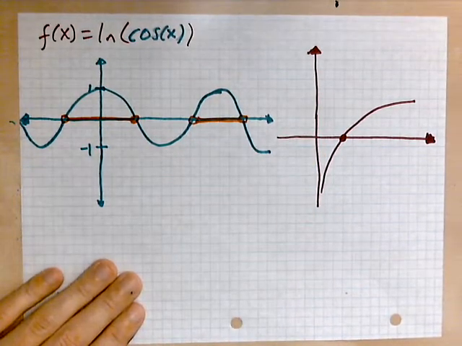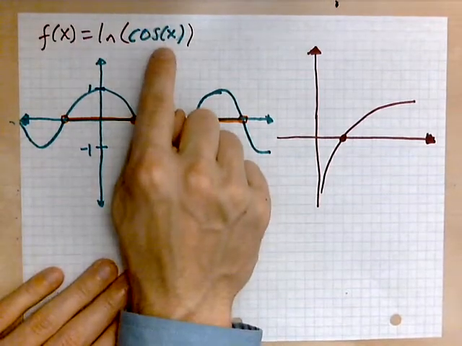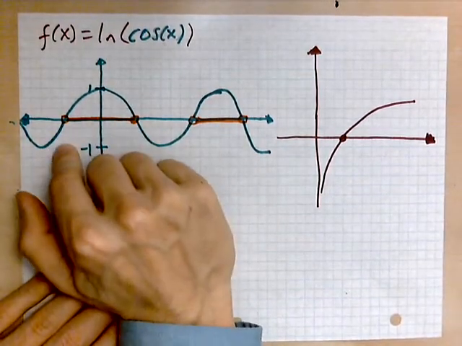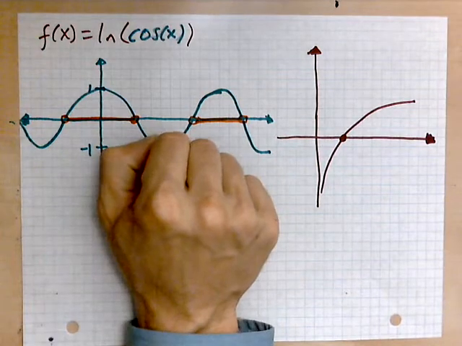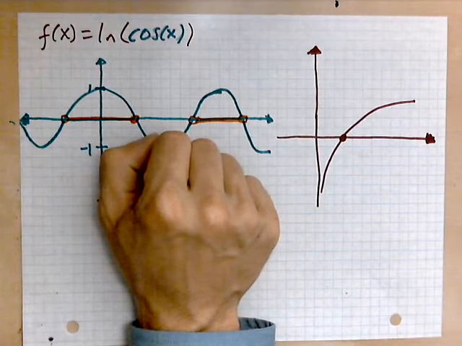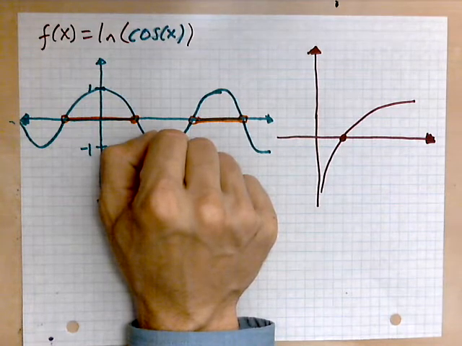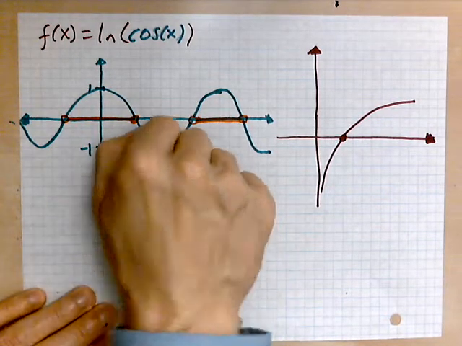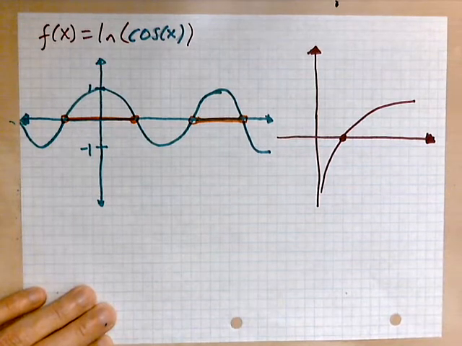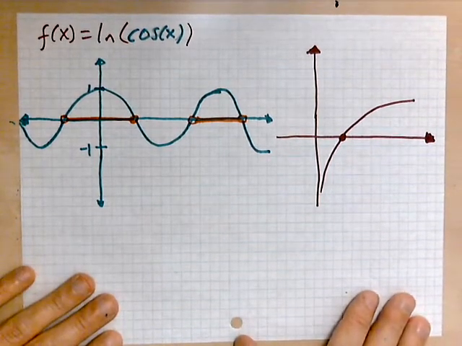Now, the inputs into the cosine function are everything from -infinity up to +infinity. However, the outputs are not. Okay?